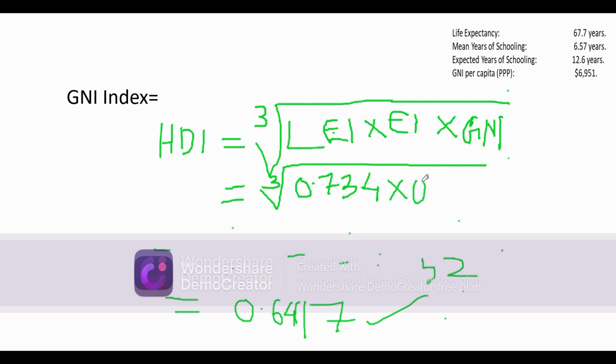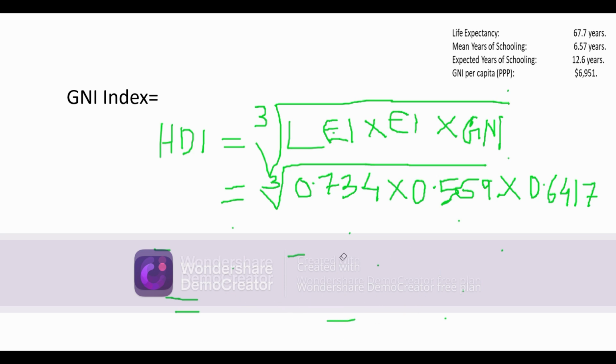Is 0.569. Into what is the value that we just now got for GNI? It is 0.6417. Now I'll clean up this.